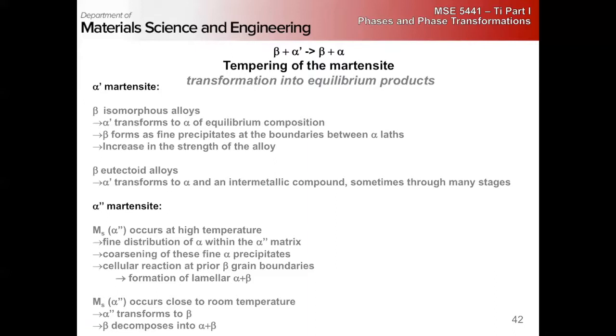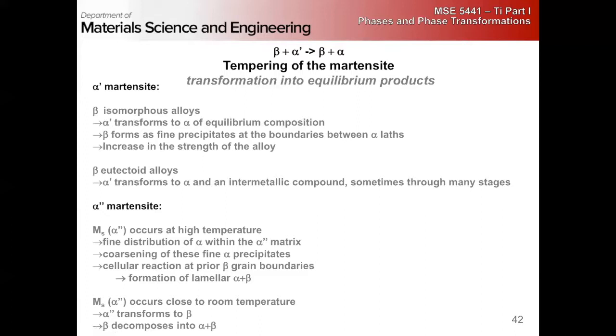The alpha prime is going to transform to alpha of equilibrium composition, which means we potentially need to partition elements, so we have to diffuse these out. The beta stabilizers are going to partition out, and we're going to form beta as fine precipitates at the boundaries between the alpha laths.